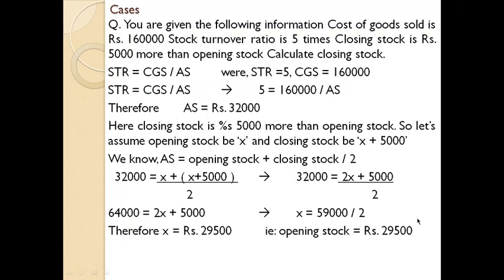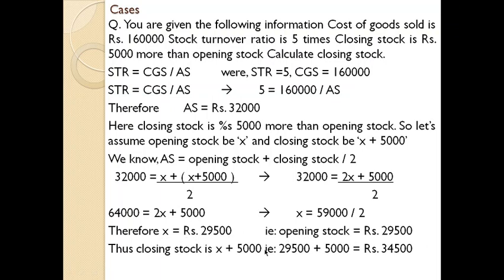In the question, it was asked to find closing stock. We assumed the closing stock to be X plus 5,000. We found that X is 29,500, so X plus 5,000 is 29,500 plus 5,000, which gives 34,500.